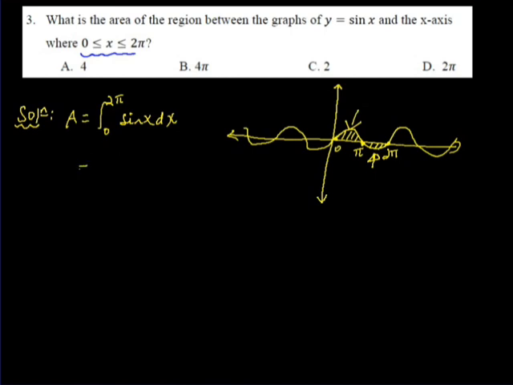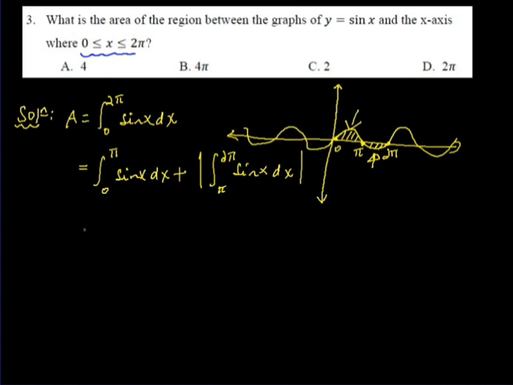So this integral can be calculated by 0 up to pi, that means the first region, sin x dx, plus the second one is the absolute value of pi up to 2 pi sin x, because we need to apply absolute value to avoid the negatives.